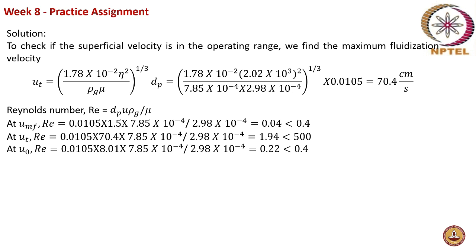If you find the Reynolds number, it is well within the range, either less than 0.4 or between 0.4 and 500, which is for fine particles. So it is well within the range for fine particles.